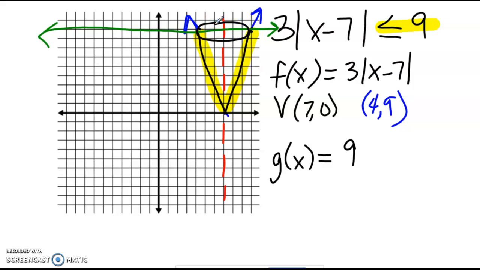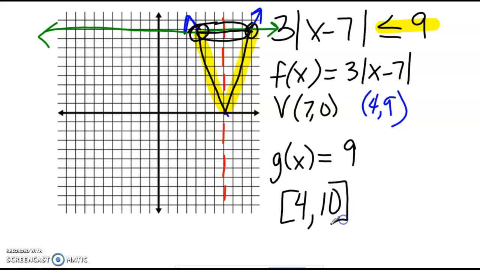So the very first one is where they intersect. They intersect right here. What's that x value where they intersect? 4. So we know it starts at 4. And it can equal that, so we would put a bracket. And all of the values here for x are going to be less than 9 until we reach this point on the right where it will equal 9, and what x value is that? 10.